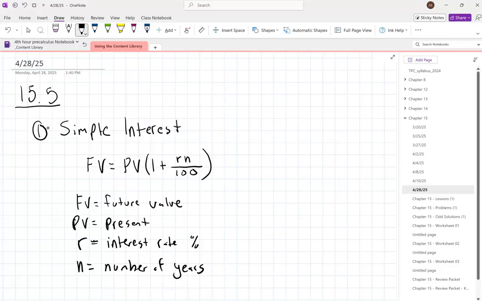So the FV is our future value. That's the value of that account or that money at some future time. PV is our present value. That's how much you're initially investing. R is the interest rate as a percentage. If you want to convert the interest rate to a decimal, then you drop the over 100 piece. That's what the 100 there is doing, just converting that percentage into a decimal. And then N is the number of years.